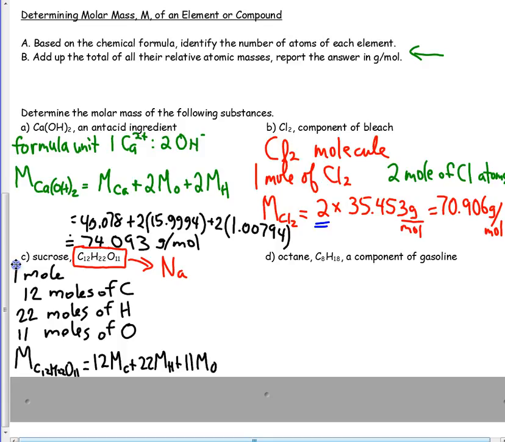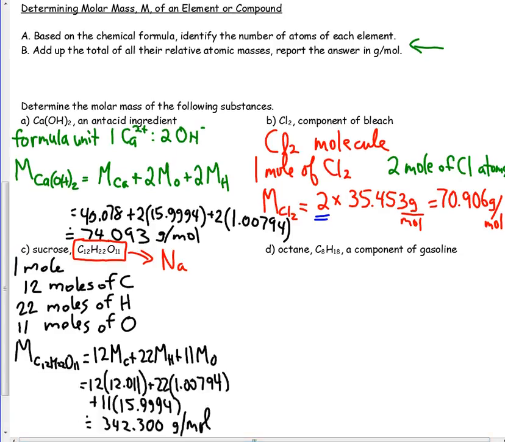And then the numbers come from the periodic table, and the calculation is just adding values together. So there's my answer. If we had Avogadro's number of sucrose molecules, it would only take about a pound of sugar, 342 grams. So not much, which makes us realize how many molecules we're working with whenever we dispense relatively small amounts of chemicals in the lab setting.